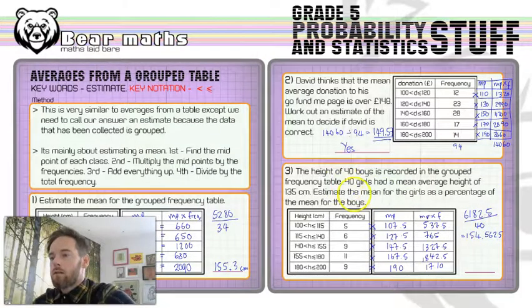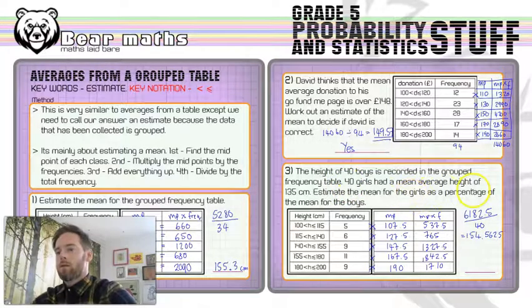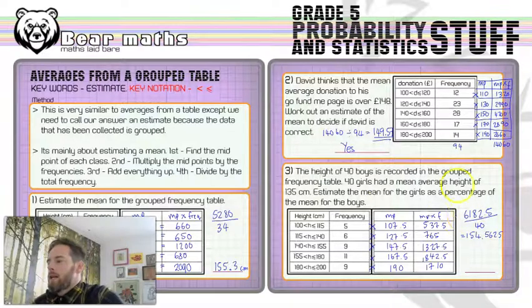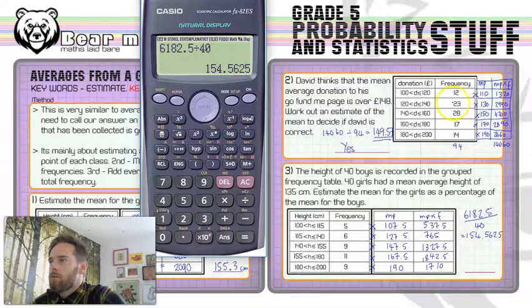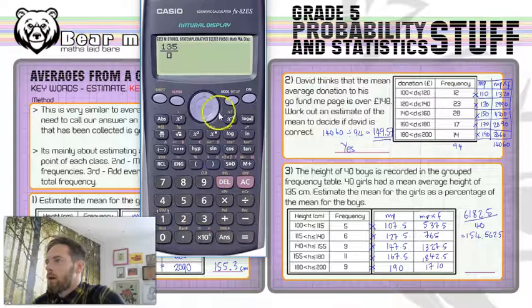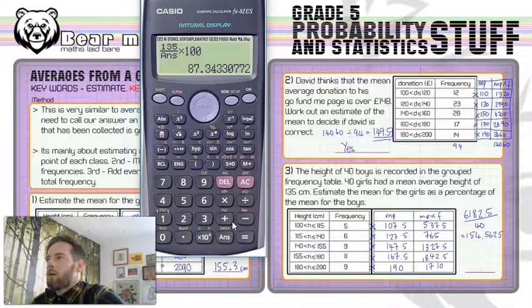Okay, so estimate the mean for the girls as a percentage of the mean for the boys. So it's just adding an extra element in here. We need to do the girls, 135, let's put it as a fraction, and divide it by the answer that we had for the boys, and then we can multiply it by 100 because we want it as a percentage, and that is going to give us 87.34.